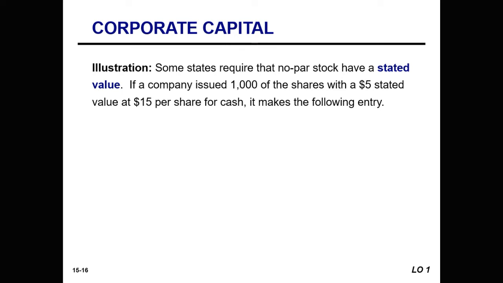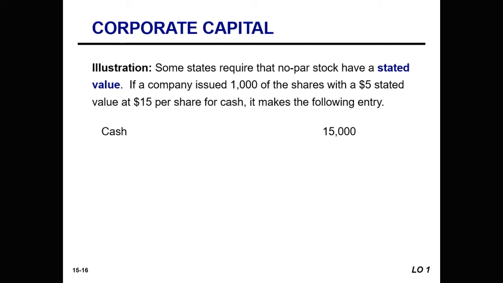So here we have a company that issued 1,000 shares of stock that had a $5 stated value. They issued these at $15 per share for cash. How much cash did they receive? They received $15,000, 1,000 shares at $15 per share.